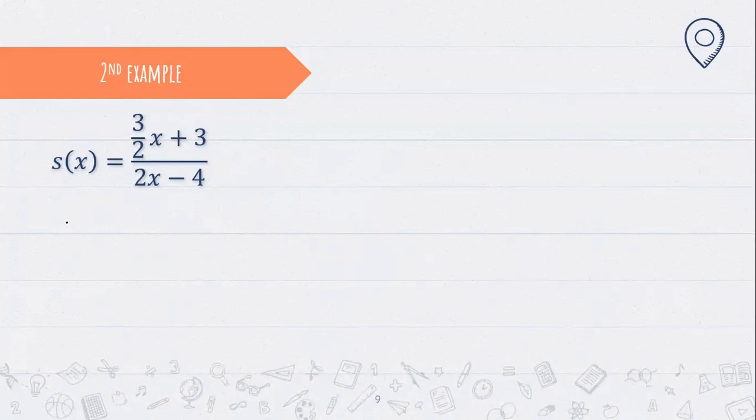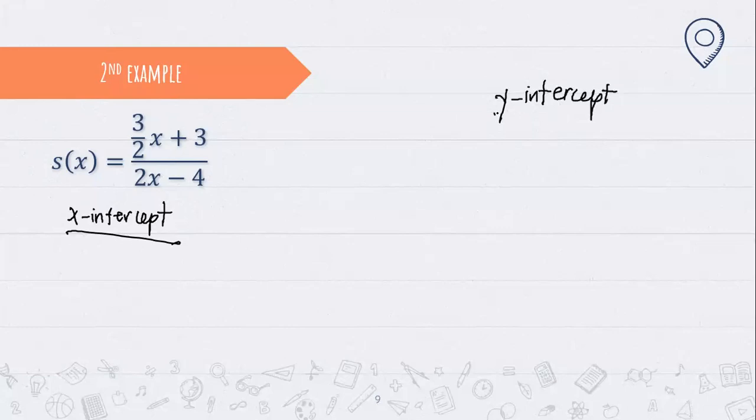For x-intercept, all you have to do is to equate the numerator to 0. So, hint agad, wala nang pwedeng makancel dito sa kanilang dalawa. So, ito na yung simplified version niya. Sa x-intercept, equate the numerator to 0. Sa y-intercept naman, substitute all the value of x's with 0.